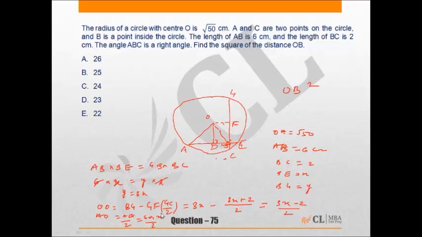Now using Pythagoras theorem in triangle AOD, we get OA square equals OD square plus AD square. OA square will be 50 as OA is root 50, and OD square will be thrice of X minus 2 upon 2 whole square plus AD square, 6 plus X by 2 whole square.